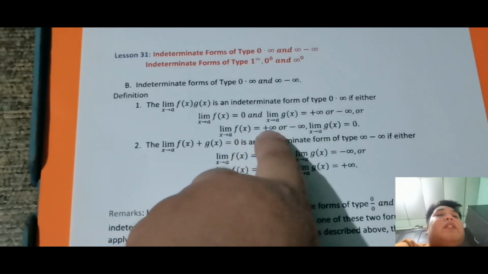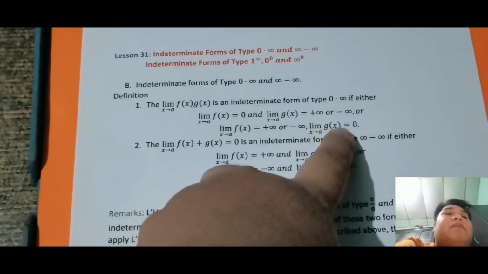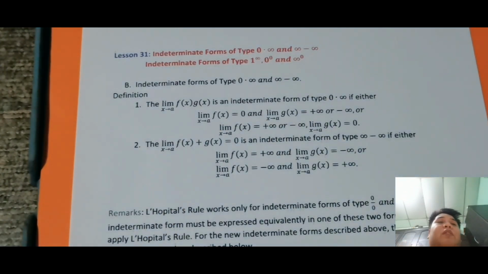Yung f of x yung positive infinity or negative infinity, and yung g of x natin yung ating 0. So, whether 0 times infinity or infinity times 0, pasok tayo sa form na yan. Pakitandaan yan.